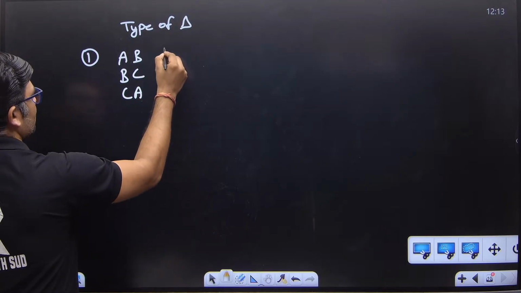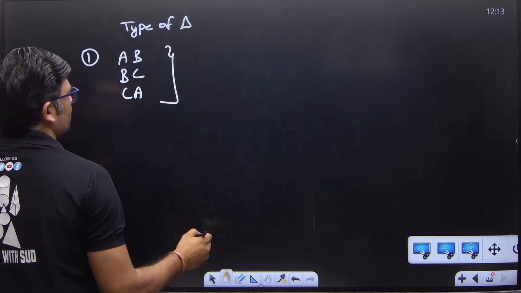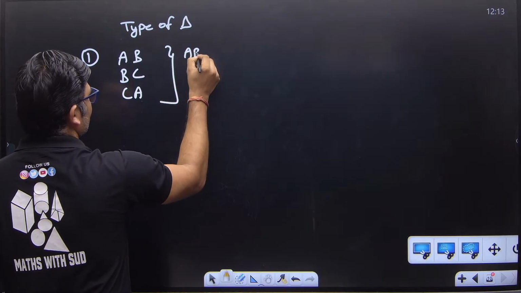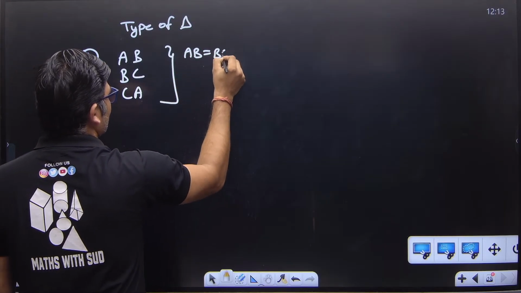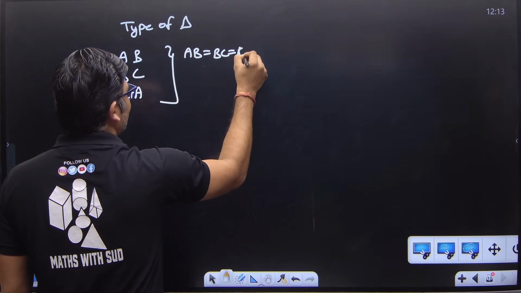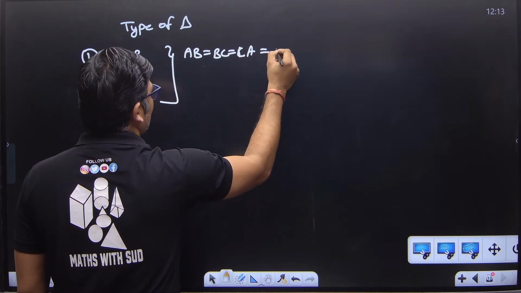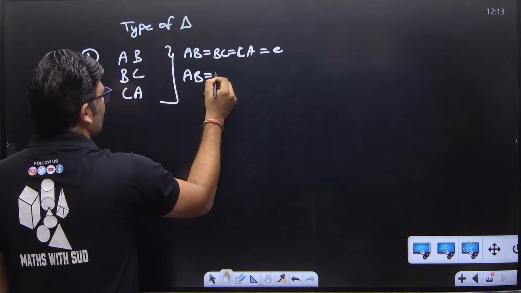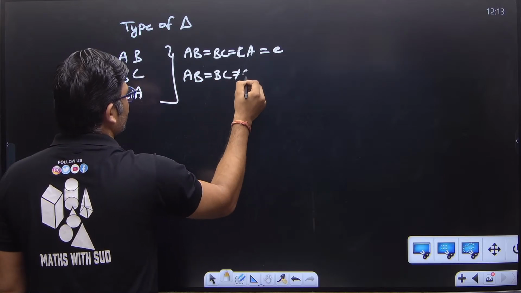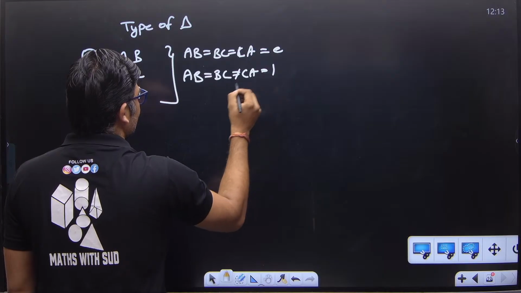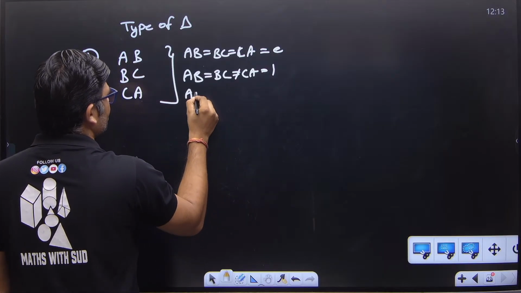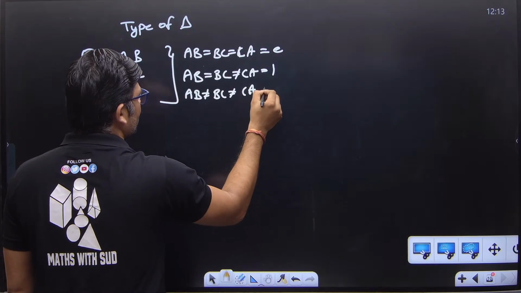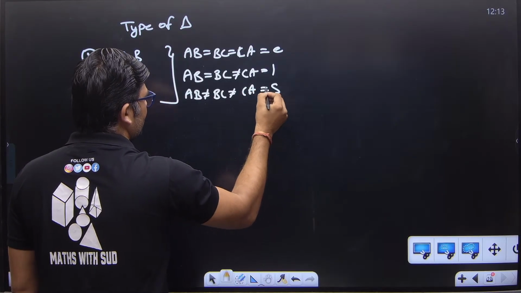If all three sides, the distances of all three sides, are equal, it's equilateral. If two are equal, it's isosceles, and if they are not equal, it's a scalene triangle. So if by any chance AB, BC, CA are equal, then it is equilateral. Suppose AB is equal to BC not equal to CA, then it is isosceles. Then suppose that AB is not equal to BC not equal to CA, then it is scalene.